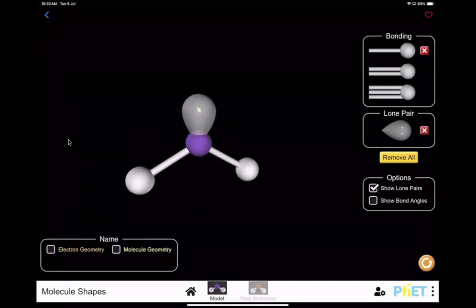And another thing to recall, if all of these are 3 bond pairs, then what is the bond angle? If I replace this lone pair with a bond pair, then what was the bond angle? The shape is trigonal planar. What was the bond angle? 120.